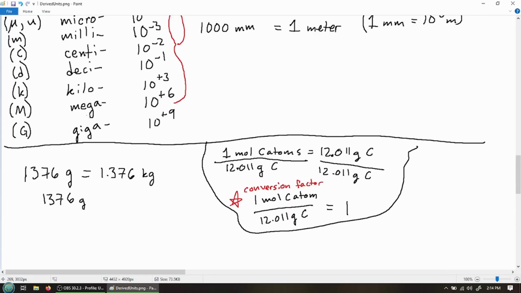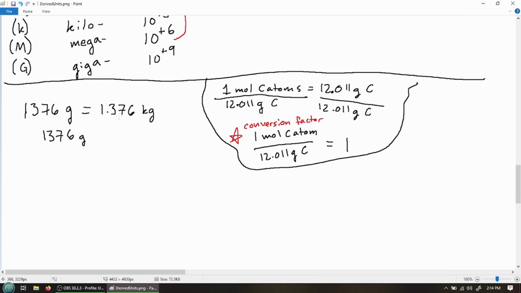Let me get back up here. Just to make sure that that makes sense here, let's write it out like this. We can say that 1 kilogram is going to be equal to 10 to the third times 1 gram. Or in other words, just 1,000 grams.